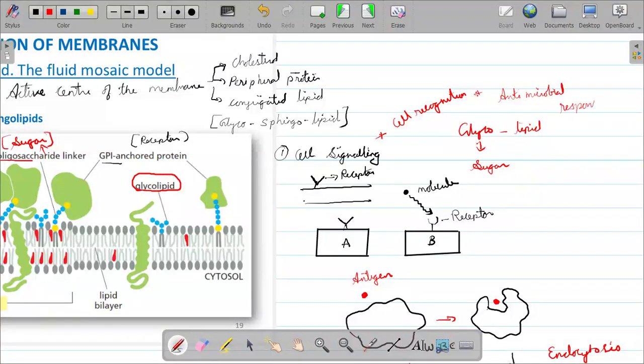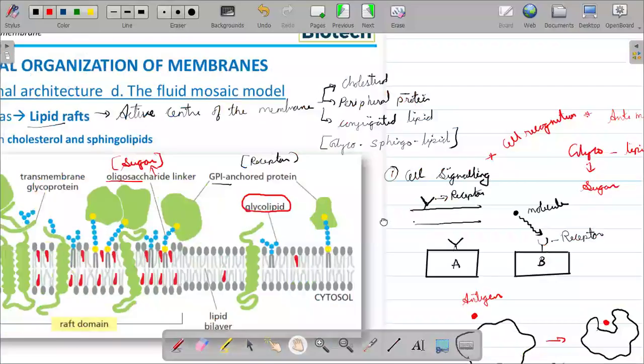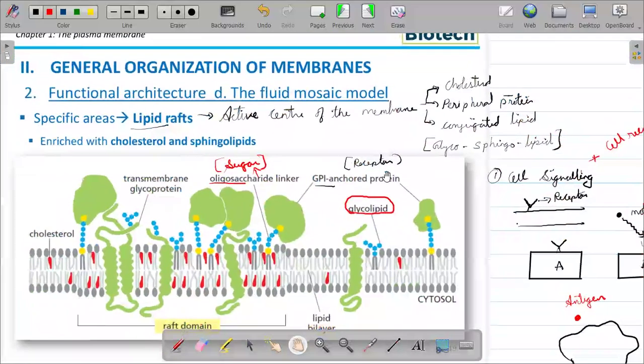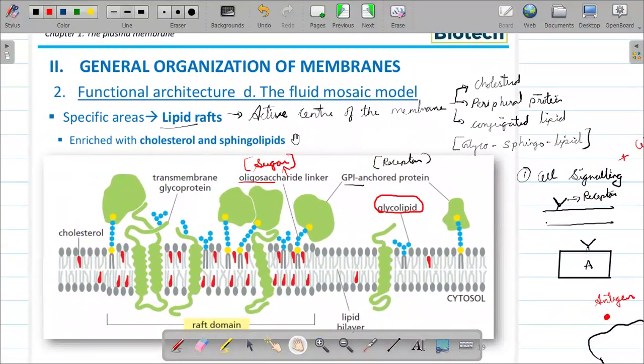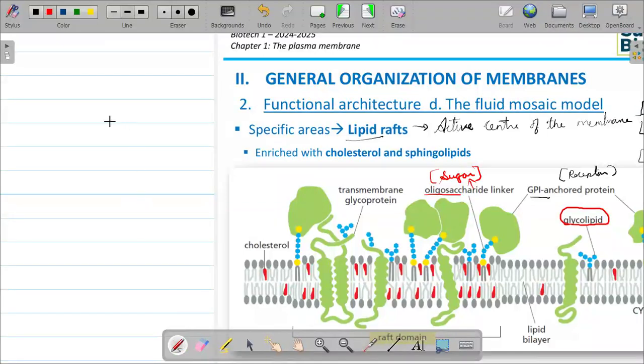Let me repeat it, sir. The lipid raft is the main center where cholesterol, peripheral protein, and conjugated lipid are attached with another lipid layer through a glucose molecule.